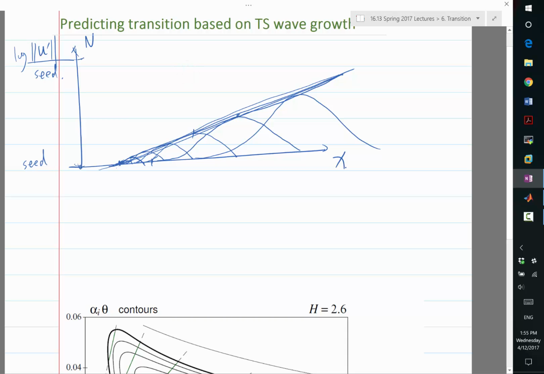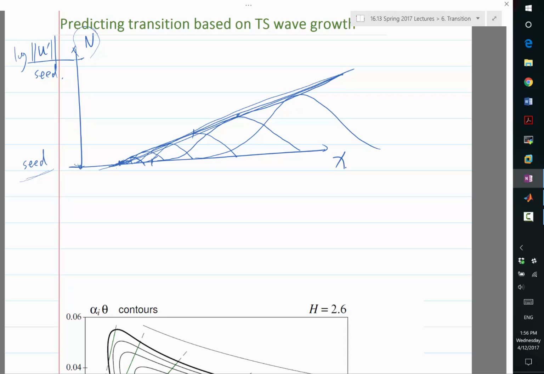You can write this as the n factor. You can think of it as the magnitude of the small unsteady disturbance, where in the log scale we take the initial seed level to be 0. That is the physical meaning of this n variable.